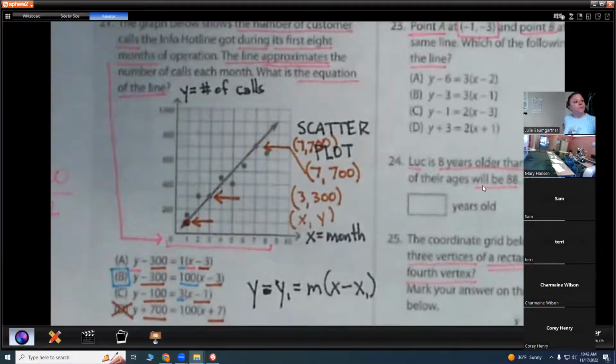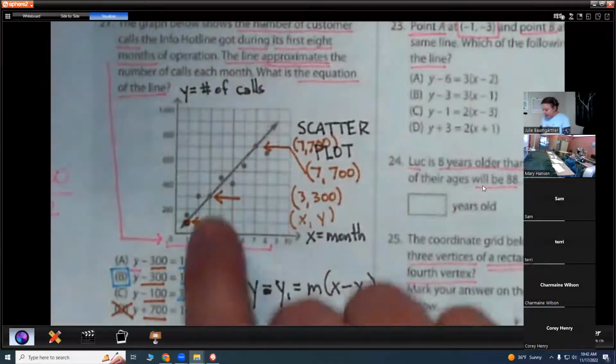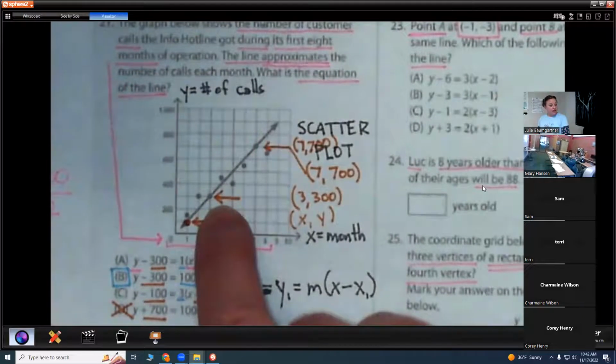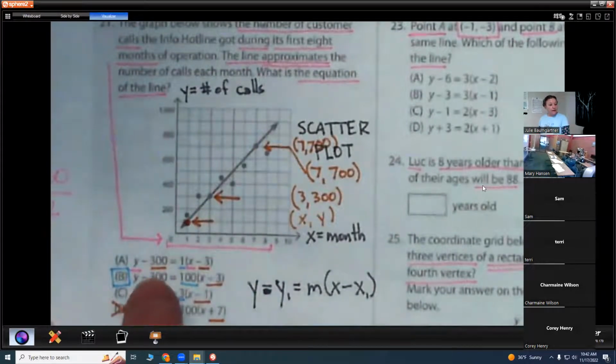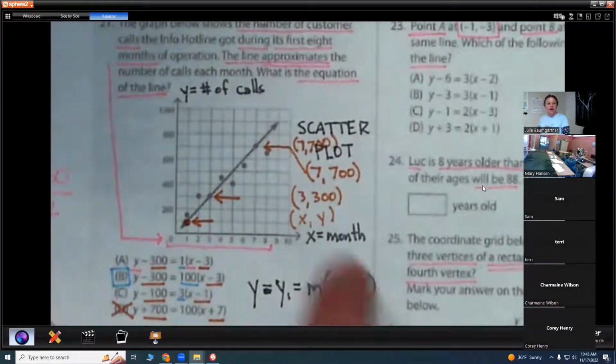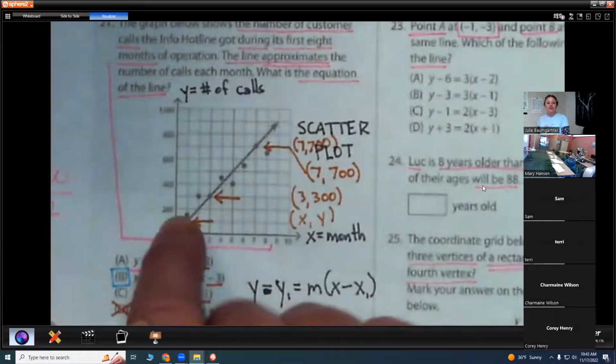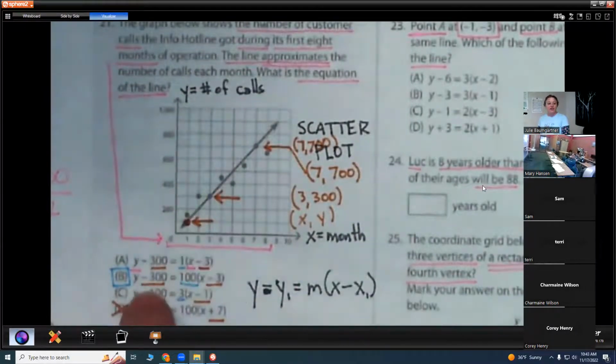Corey? Figure out what would be Y1. Because that is the point on the line. Yeah, so in this formula, the X1 and the Y1 are referring to a point along the line. Okay, so when you actually have the official equation for the line, the Y1 and the X1 are values from a point on the line.